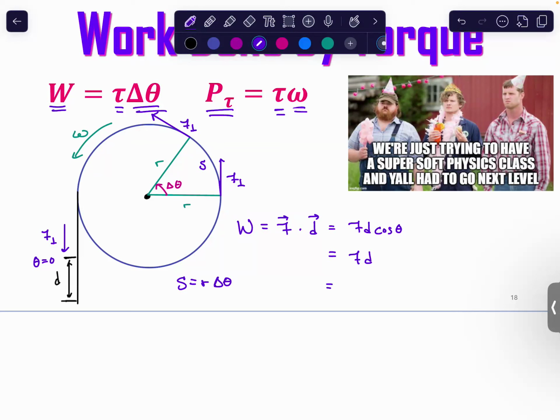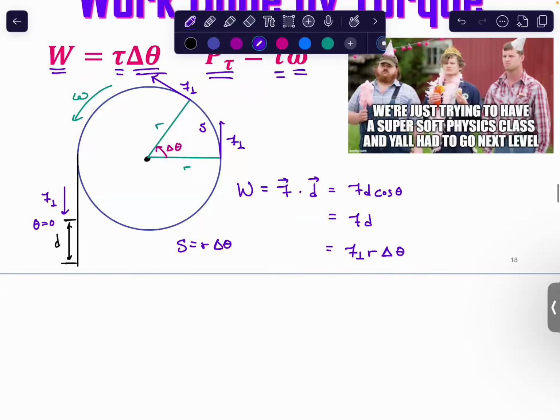And so that's going to give us force perpendicular times r delta theta. And of course, then we remember that force times r equals torque. So the work done by a torque is going to be the torque itself multiplied by the delta theta that the object rotates through.